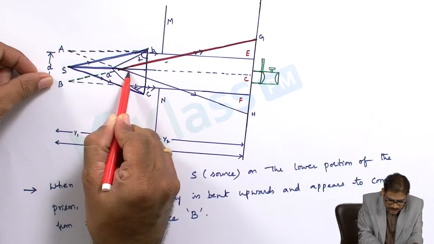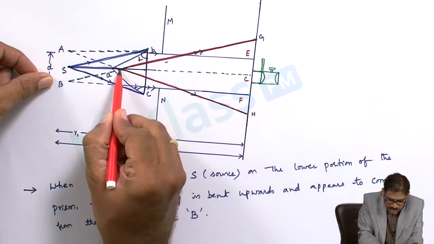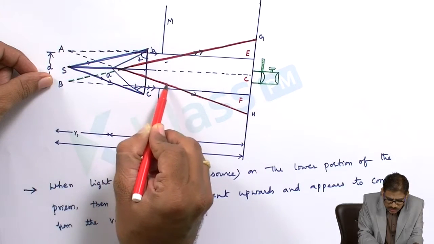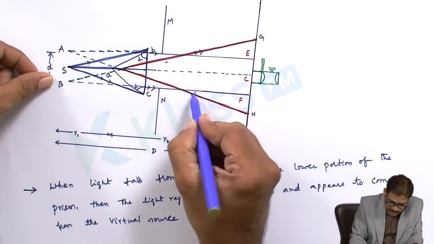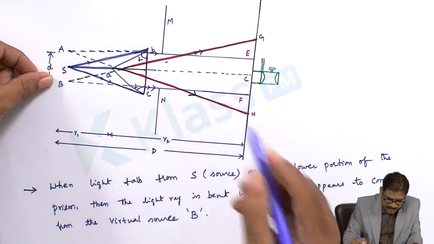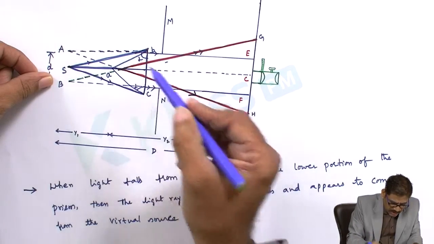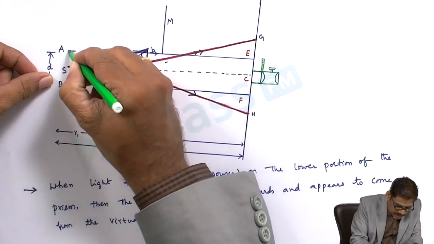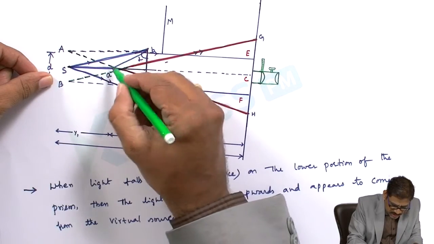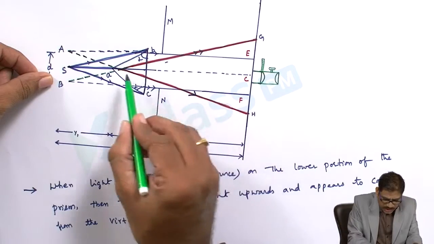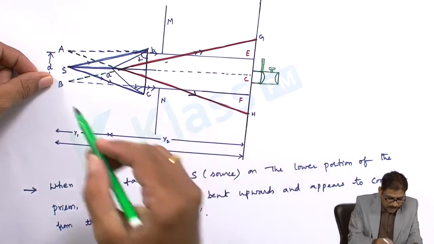This is bending towards the downward portion. So this is how we are making the light ray bending. So it resembles that this particular one is coming from the virtual source A here. As per the diagram, it is assumed that it is coming from that portion, but actually it is not happening.